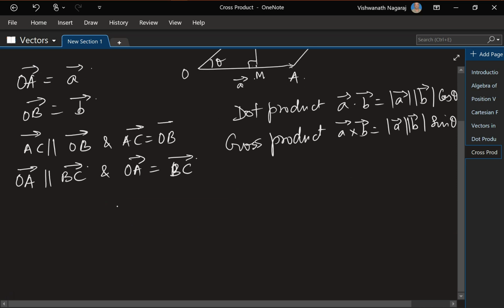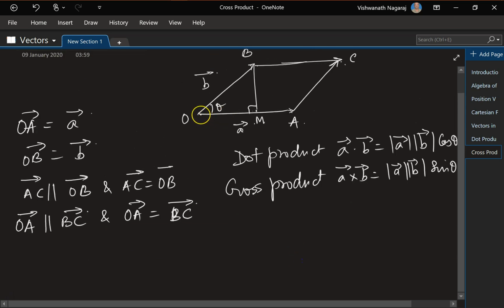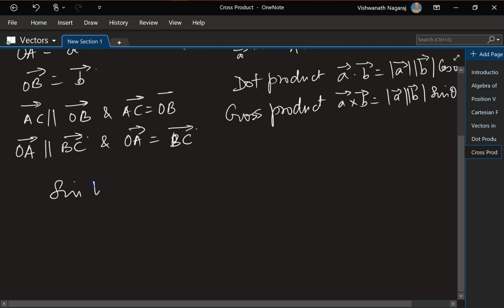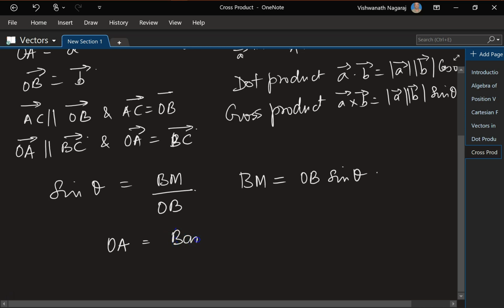Now, instead of looking at this part, that is the adjacent side, we are going to look at the opposite side. We look at the sine of theta. Sine of theta is going to be BM by OB, and the side that we are actually interested in is equal to OB sine theta. And as I mentioned, OA is the base of the parallelogram and BM is the height of the parallelogram.